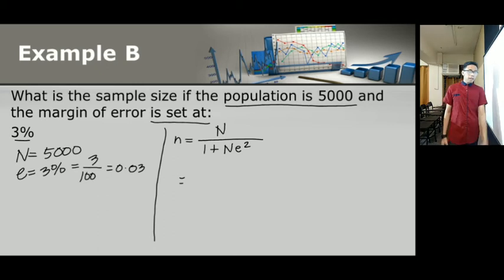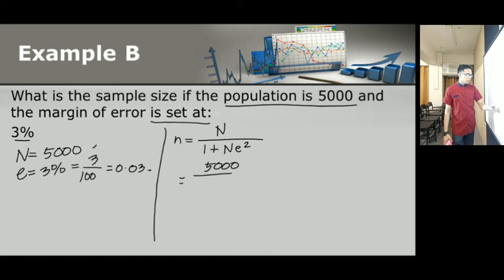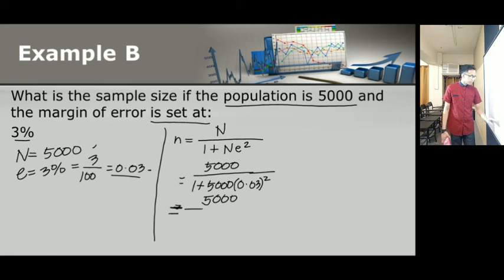Now, substitute the value of N and the value of E, which is 5,000 all over 1 plus 5,000 multiplied by the value of E, which is 0.03 squared. Equals. Then next, copy the 5,000 here all over 1 plus 5,000.